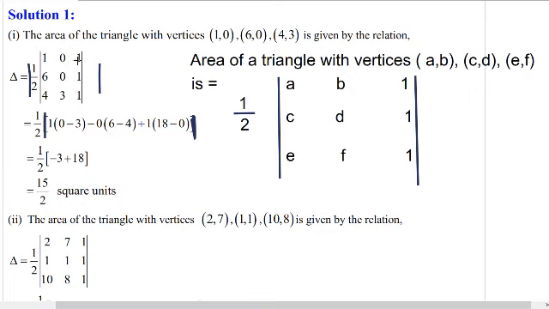And this 1 here, with the sign convention, I hope you haven't forgotten the sign convention, hiding its column and row, 18 minus 0, that is 18. Now 18 minus 3 is 15. 15 by 2 is the answer. Just in case it was negative, even then you can put a modulus sign and make it positive. So it's always better to use modulus instead of brackets while calculating the area of the triangle.